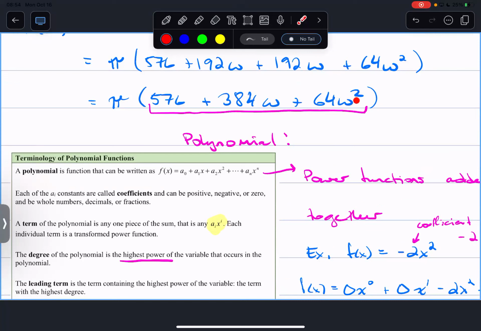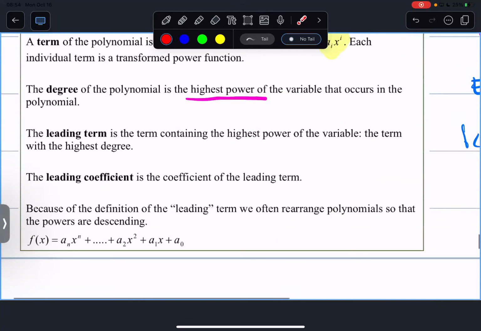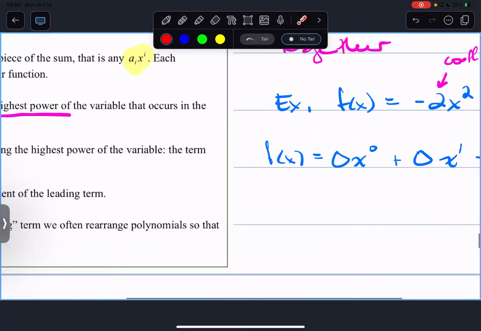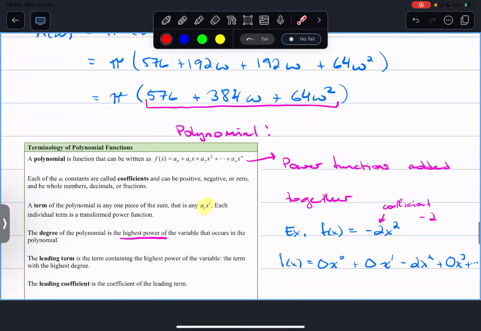The degree is 2, yeah, but the leading term is the whole thing, 64w squared. And then the leading coefficient is, well, exactly what you think it is. It's the coefficient of the leading term. So in this case, -2, that's boring. In this case, 64.